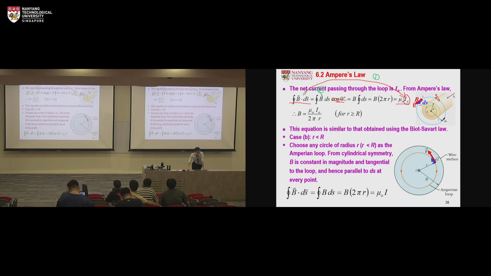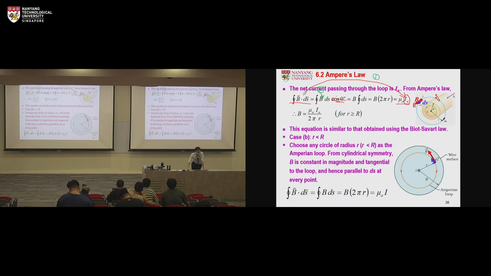And we are doing this step 2 based on physical understanding. We are not really doing any mathematical calculation, right? The physical understanding is just to say at any point on this loop, B and dS are always parallel. And this is step 2.